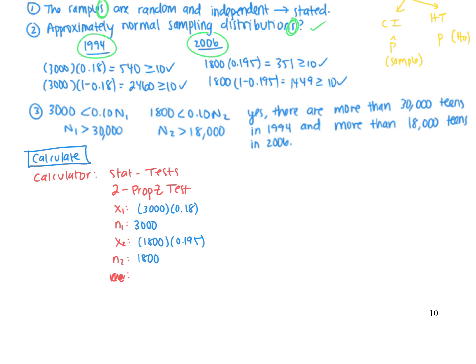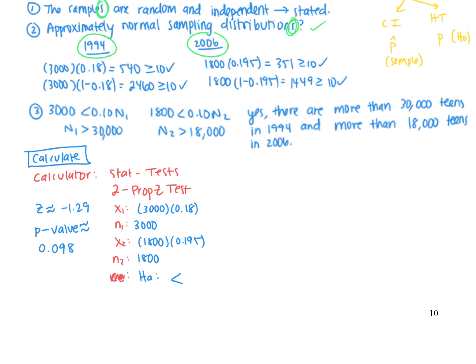And then if we remember all the way from our alternative, this is a lower-tailed test. So if you do all of that and you hit calculate, I believe you get a z-value of negative 1.29. And then the number right below that should be the p-value, which is about 0.098.